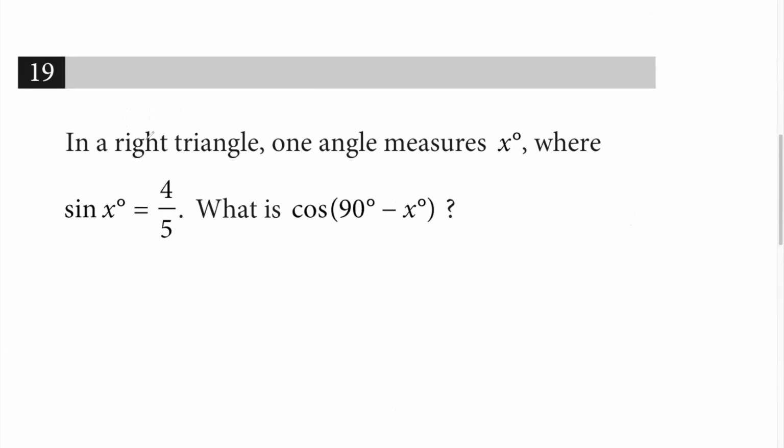Question number 19: in the right triangle, one angle measures x degrees, where sine x is 4/5. What's the cosine of 90 minus x? So, one thing that I want to note: if x plus y is equal to 90, then sine x is equal to cosine y, and sine y is equal to cosine x.